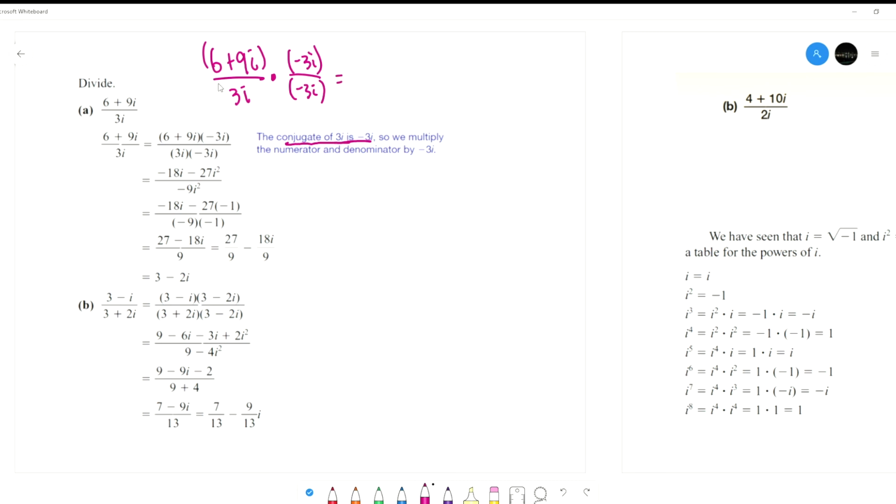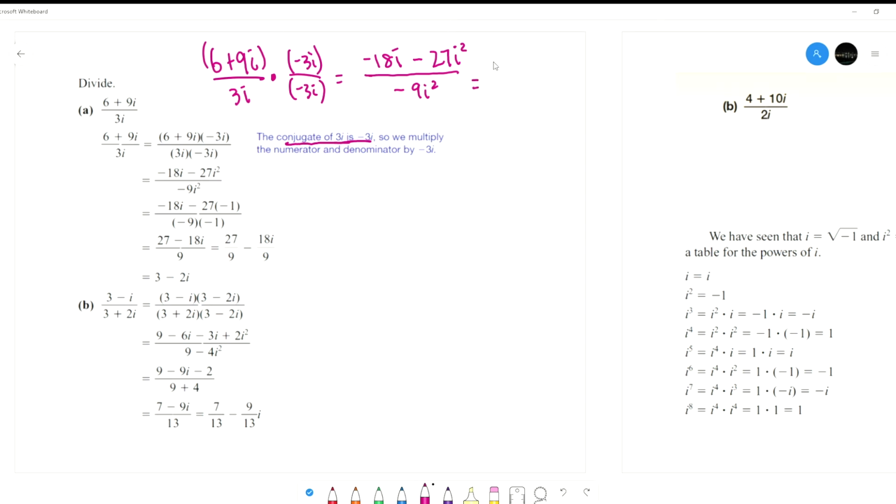So let's distribute this. 6 times negative 3i is negative 18i. 9i times negative 3i is minus 27i squared. The denominator is negative 9i squared. So the i squared we're going to replace with negative 1.